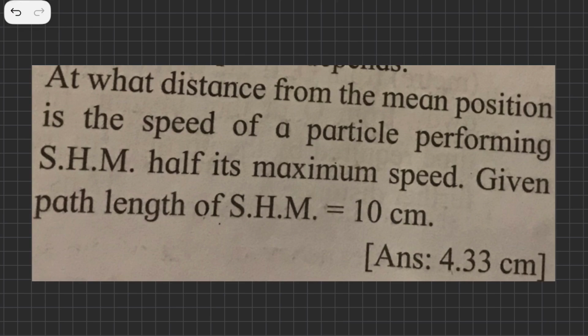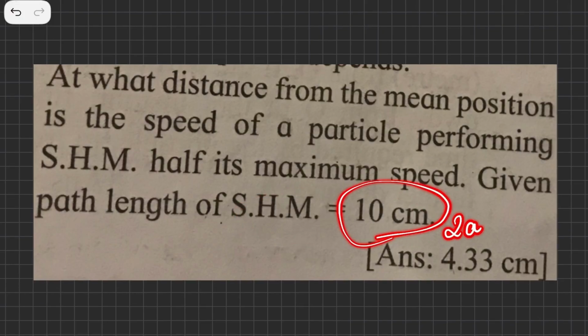They are asking at what distance, so that is displacement, and displacement is always measured from the mean position. The speed of the particle, the velocity, is half of its maximum, and the path length is 10 centimeters. This path length is the total distance from extreme to extreme.